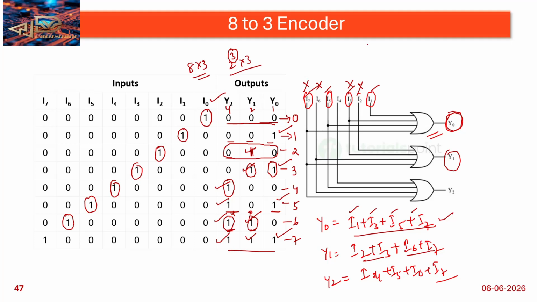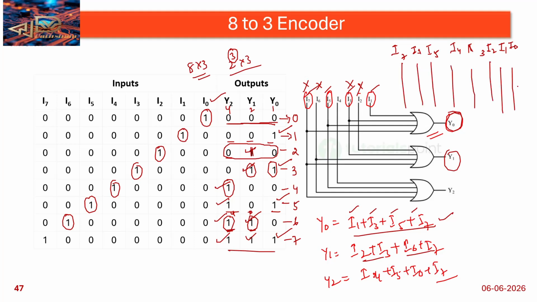Yeah. So if you are getting confusion connecting like this, then you can draw I7, I6, I5, I4, and then I3, I2, I1, I0. I0 is also there. Then draw lines here. Connect one OR gate here, and pass one line.